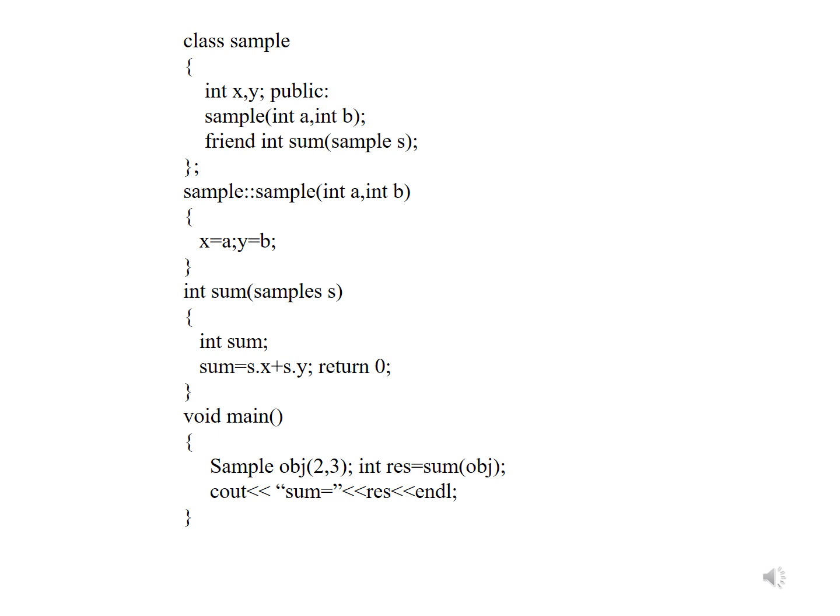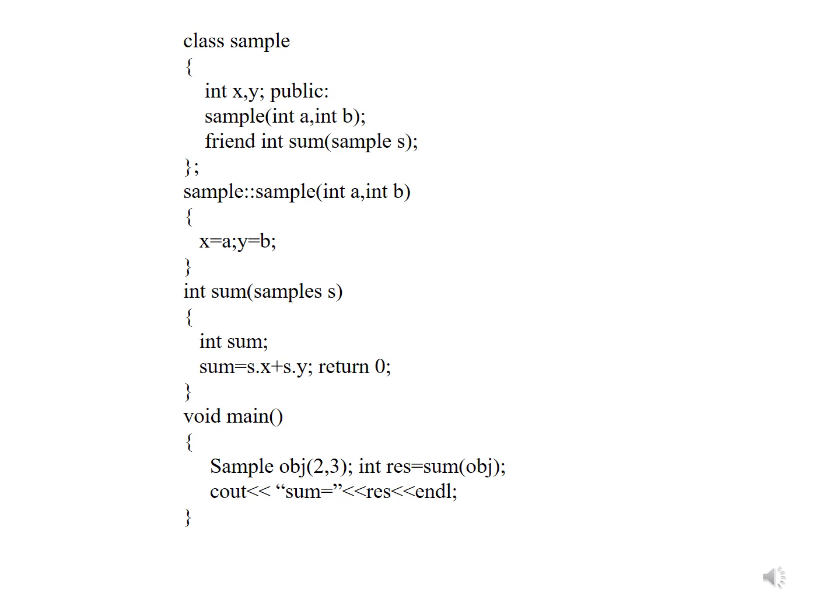So sample is a class which has x and y as the two private data members, and its member function is sample, the constructor. Inside that, two parameters are accepted, integer a comma integer b, and there is also in the sample a friend function, integer sum, sum of sample s.